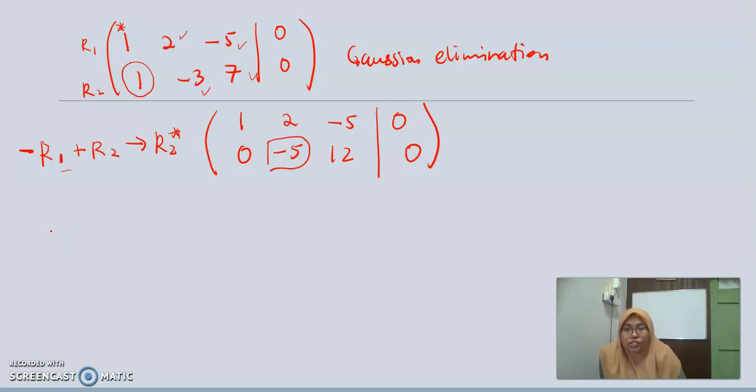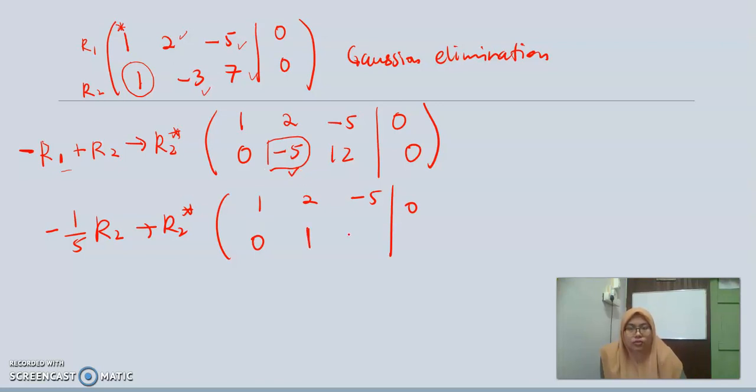So the row operation is negative 1 over 5 R2. This operation will give you the new row 2: 0, negative 1 over 5 times negative 5 is 1, negative 1 over 5 times 12 is negative 12 over 5, and the last one is 0.